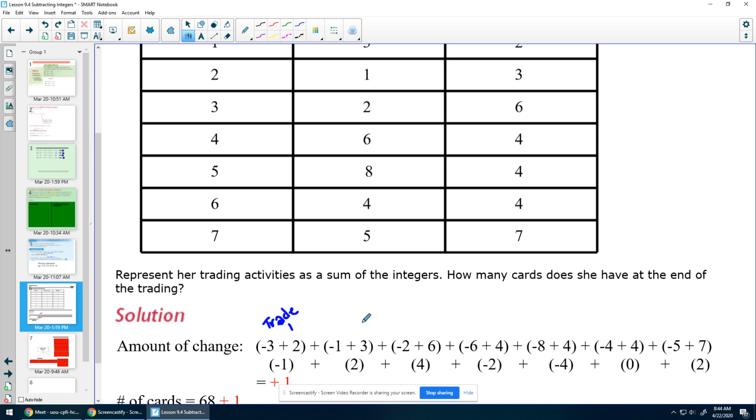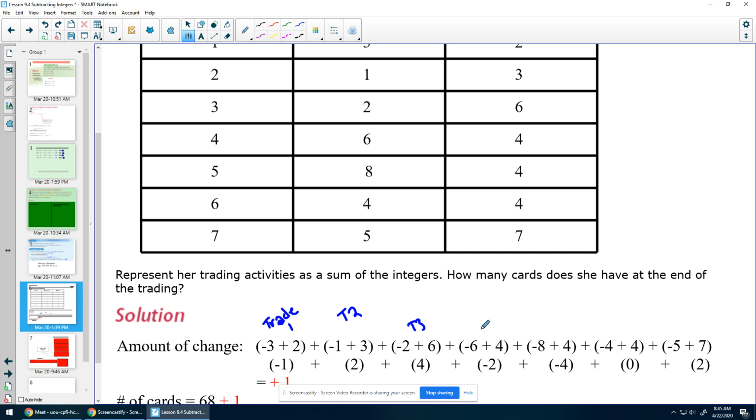Trade 1 is right there. Then trade 2, she gives away 1 and collects 3. Trade 3, gives away 2, so subtract 2, and she collects 6. And so on. And these are all in brackets because they are together.